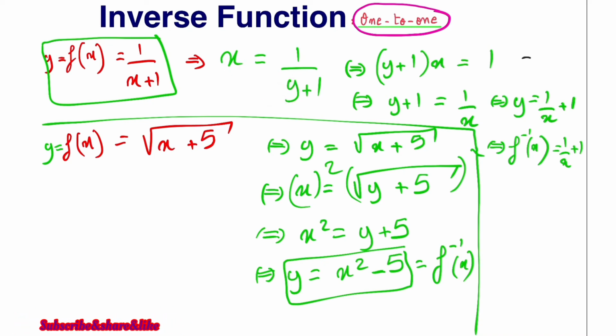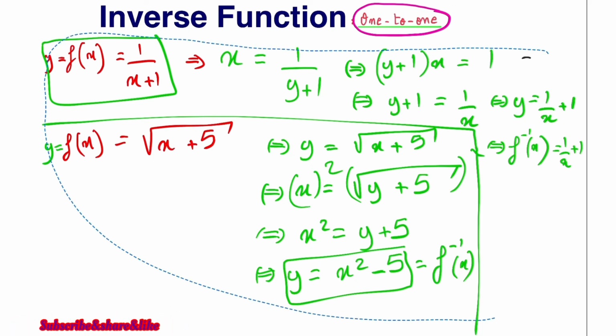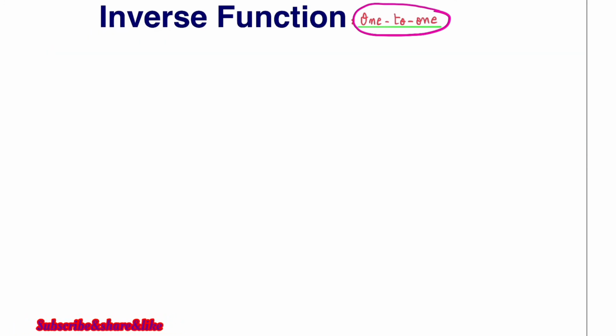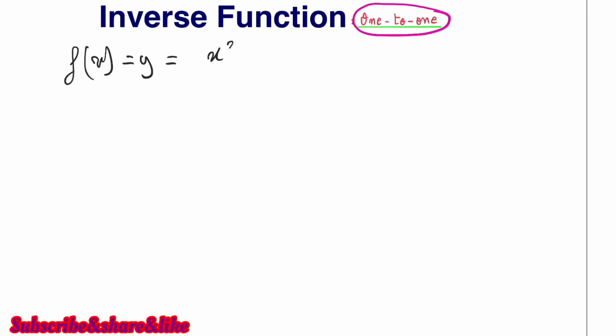Let's try to do the last example. It's very simple. For example, something like this: f of x is equal to y is equal to x squared minus 1 over x plus 1.